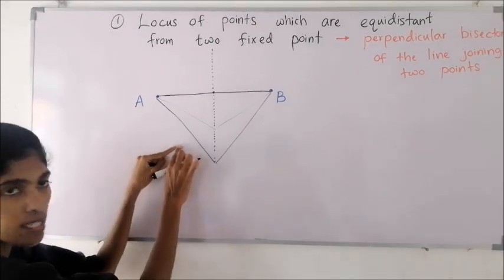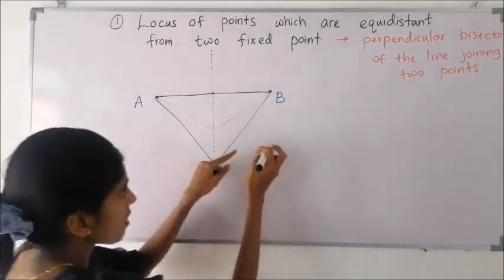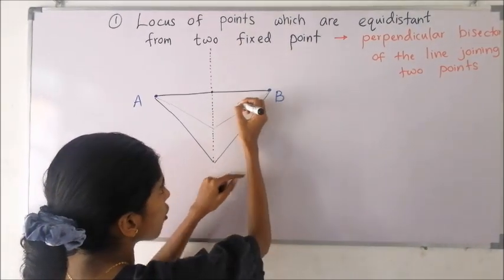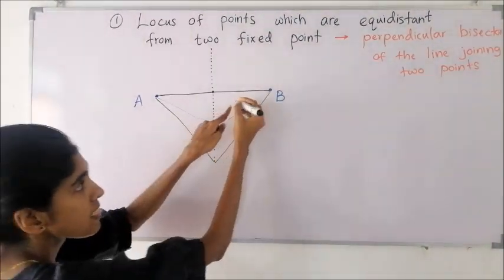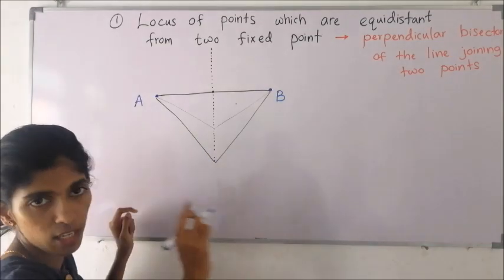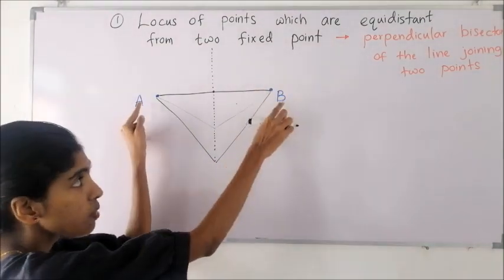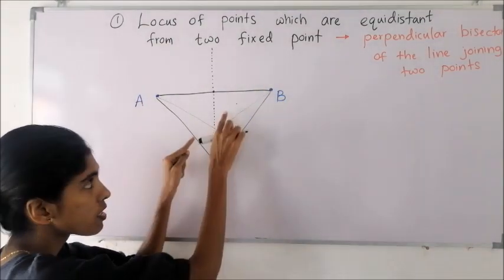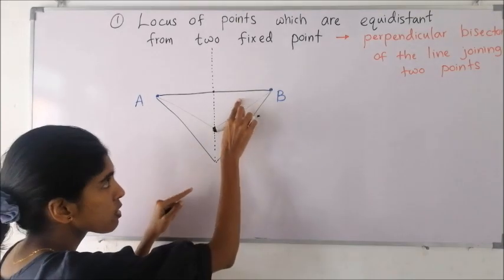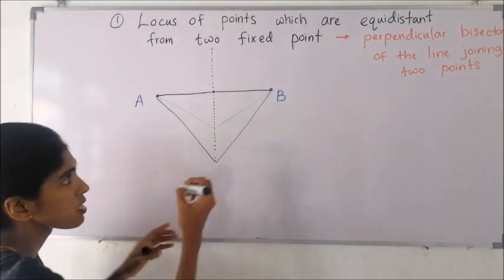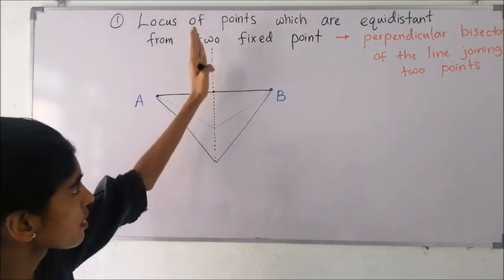We cannot consider this point as an answer here. I'm marking another point from here. That is a little bit closer to B than A. We should know that the new point should be located equidistant to both points A and B. So children, it is every time located like this.